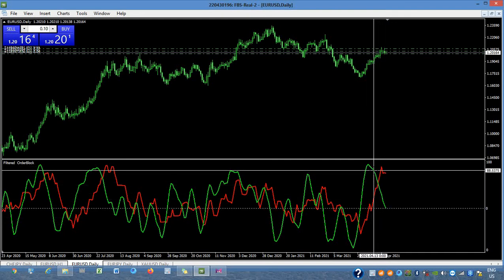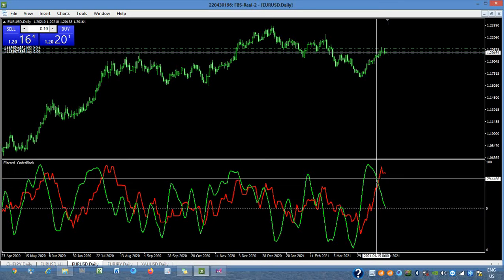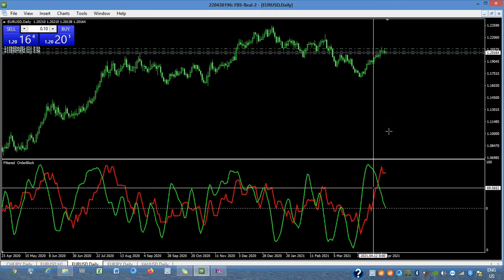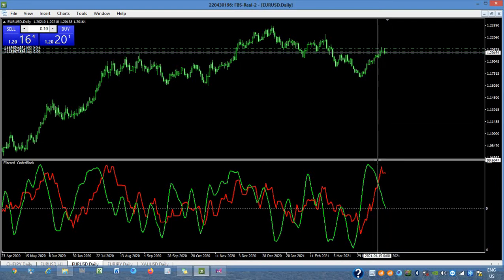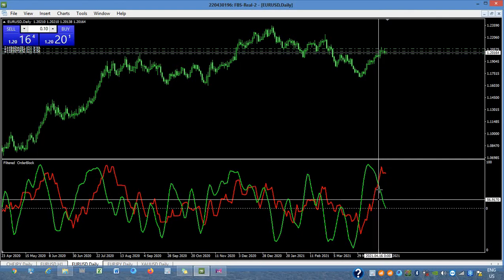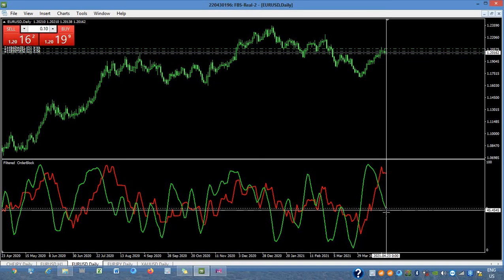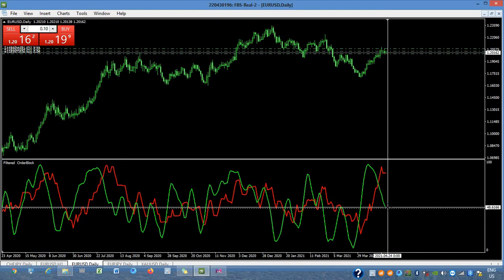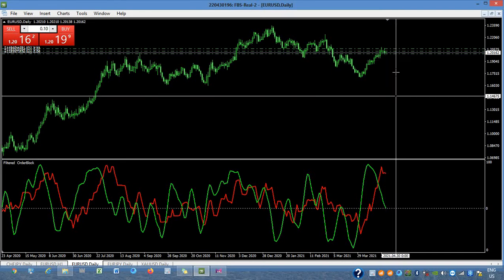This is the good thing about the order block indicator, guys, because it will tell you in advance what's the next direction of the trend. See, it's going down, going to cross this zero line. So that's why the trend following of this trend for the next 2 to 3 weeks is downside.